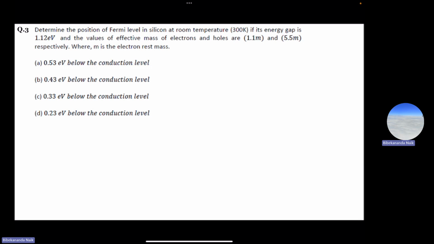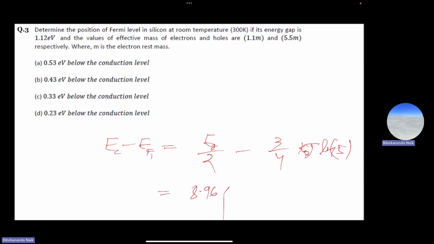So similar to the previous question, this EC minus EFI will be Eg divided by 2 minus 3 by 4 kBT ln 5, because here 5.5 m divided by 1.1 m is 5 only. So if you put all the values and calculate, you will get 8.96 into 10 to the power minus 20 minus 4.96 into 10 to the power minus 21.